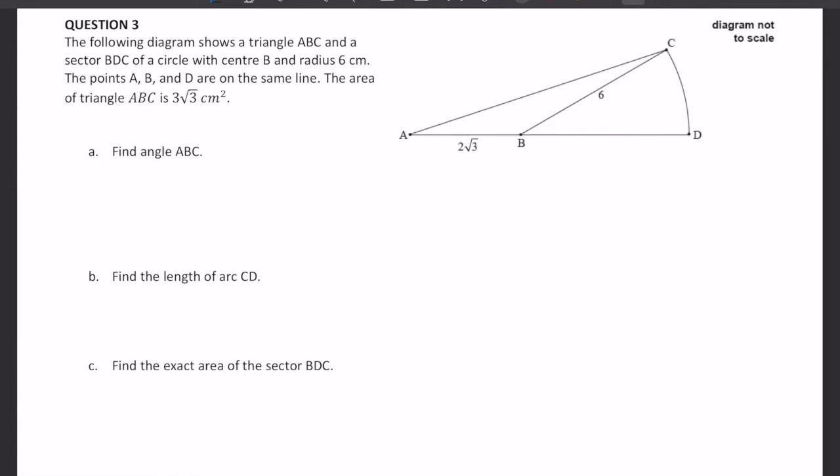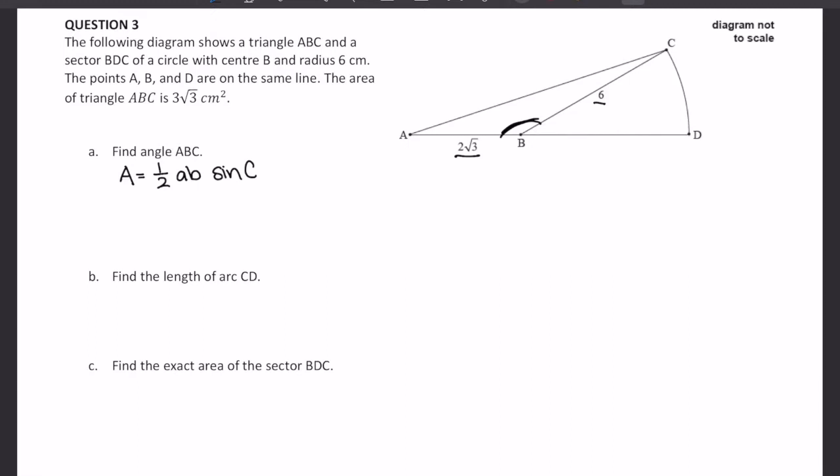So for triangle ABC, we have this side 2√3, and we have the side 6, and this angle between them is what we're looking for. So what we're going to do is use the area formula 1/2 ab sine C, using those two sides to find our missing angle.